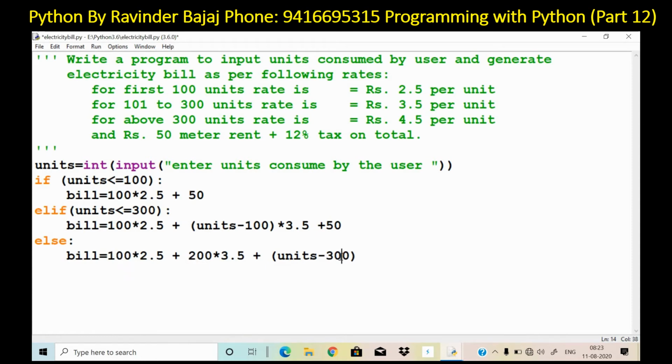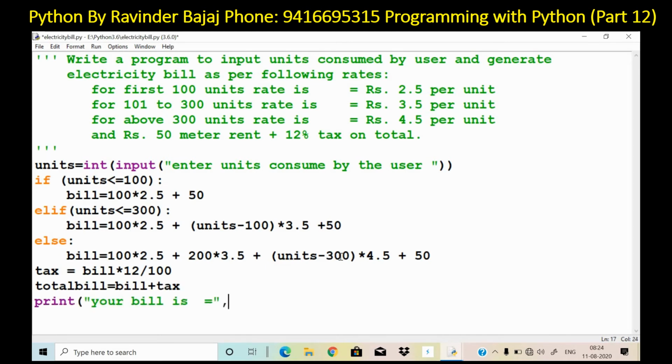Now remaining charges are 4 rupees 50 paise plus 50 rupees meter rent. Then tax is equal to bill into 12 upon 100, and total bill is equal to bill plus tax.